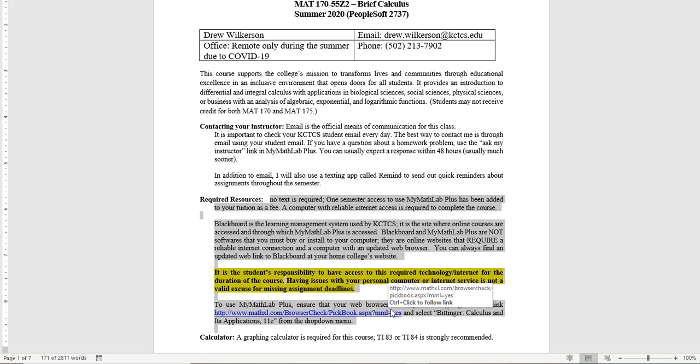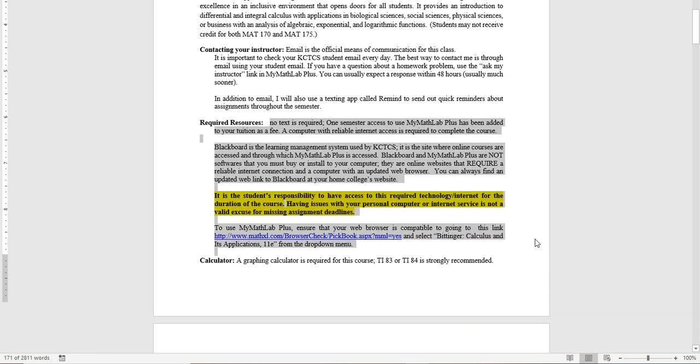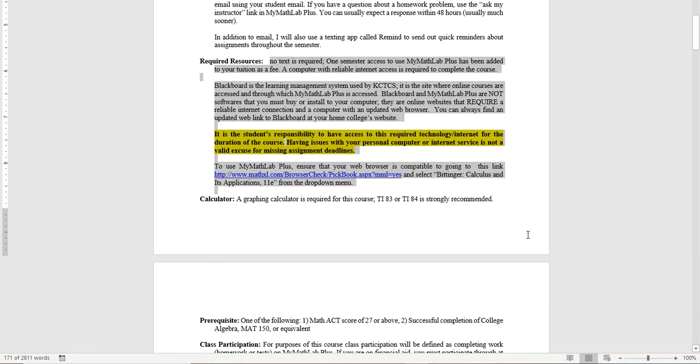These are not softwares that you download, but rather they are websites that will require a reliable internet connection throughout the semester. Please note that it is your responsibility to make sure that you have access to internet throughout the duration of the course. Having issues with your personal computer or internet service is not a valid excuse for missing assignment deadlines.